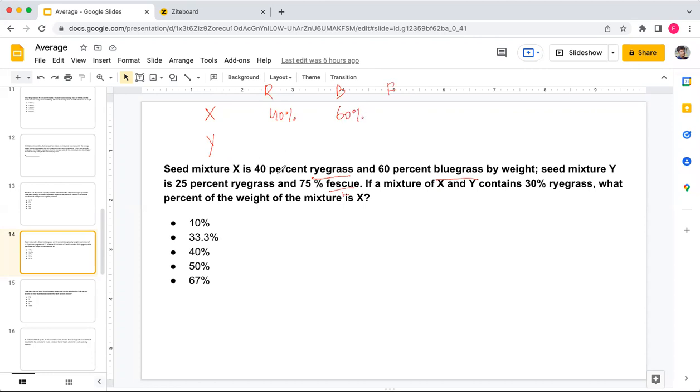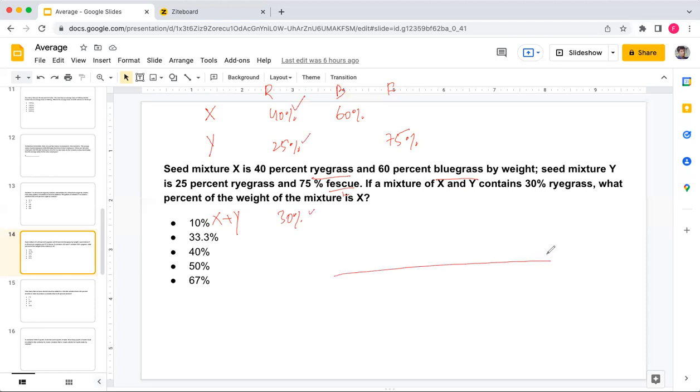And in Y, R is 25% and B is 75%. We are given that after combining both, the mixture contains 30% R. So if you combine X plus Y, the R is 30%, right? You know the initial, final, and the overall.